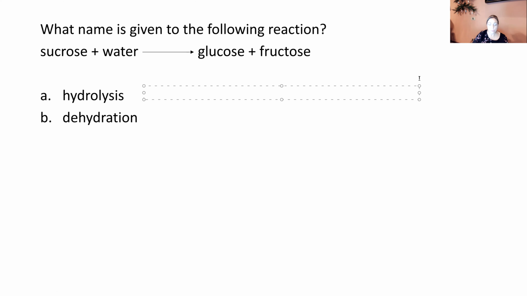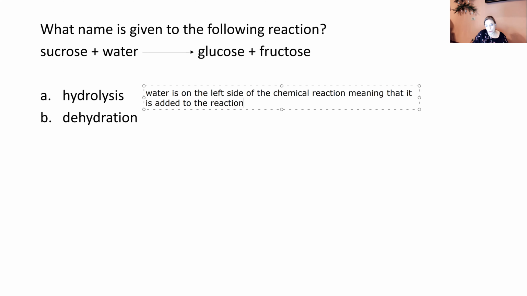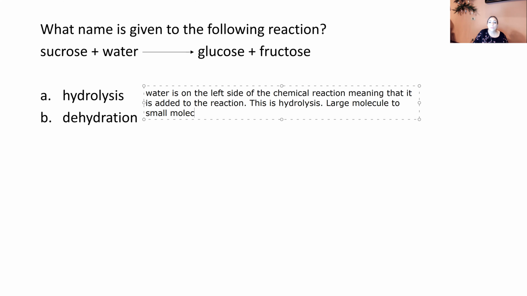So let me write you a couple notes here. Okay, so this is a summary of hydrolysis. Large molecule to small molecules. Water goes into the reaction.